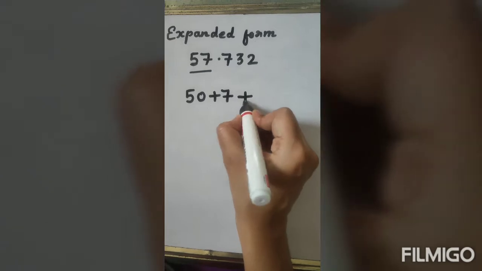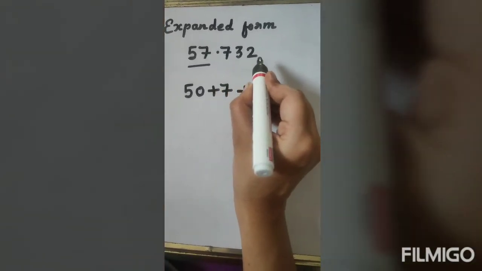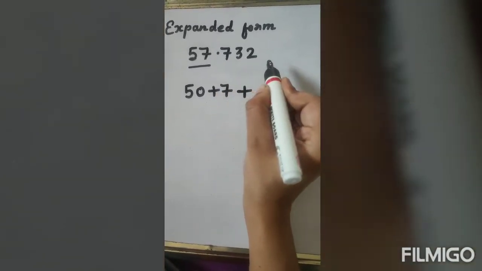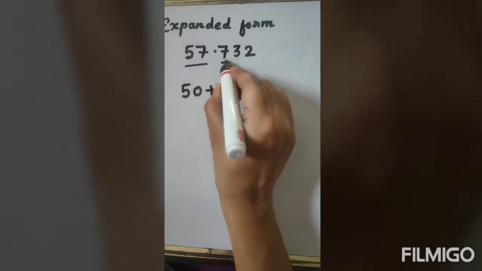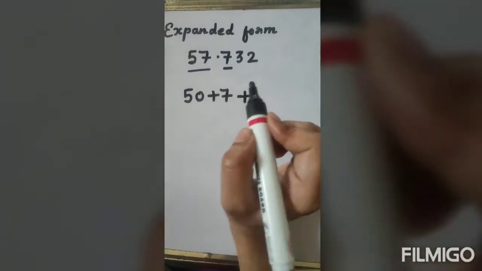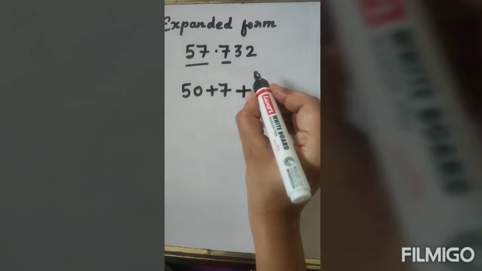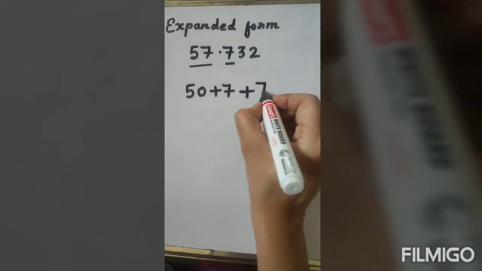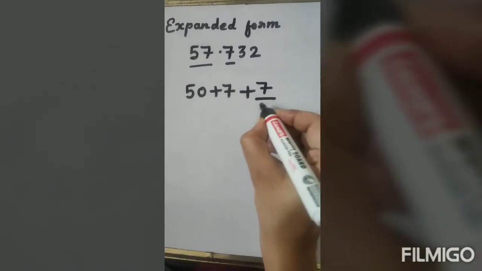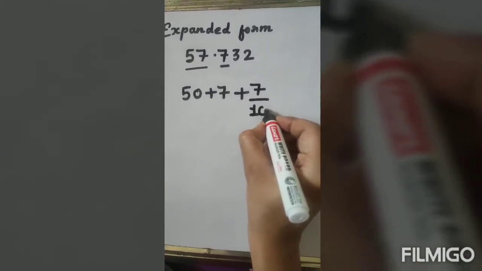Now, this is the decimal part. This is the tenths place, meaning how many parts out of 10 parts? This is 7 parts out of 10 parts.